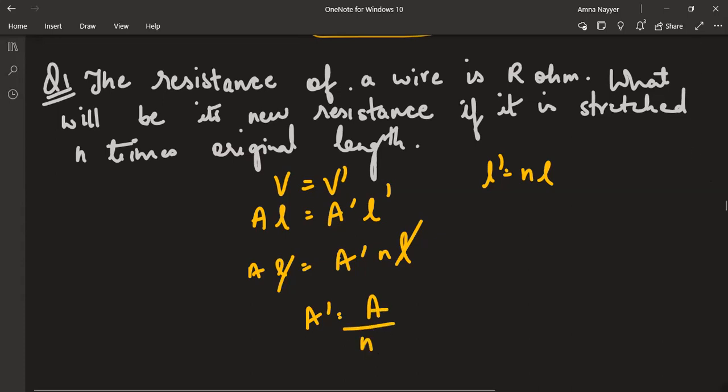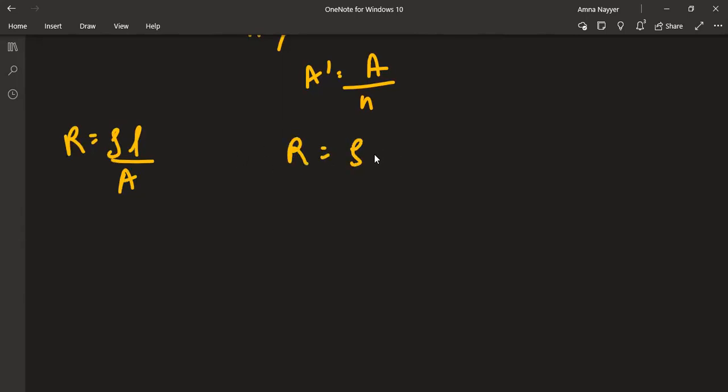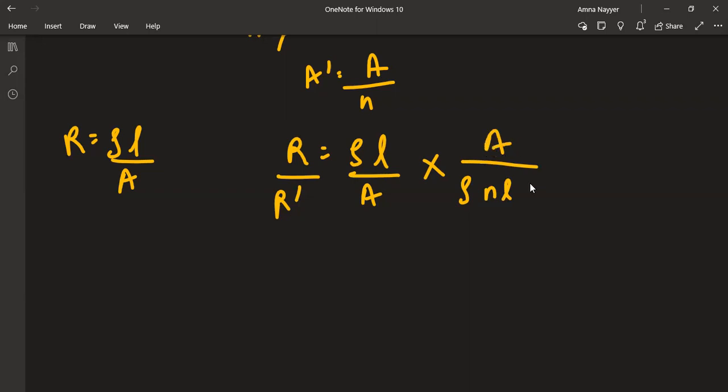Now see, one more formula we'll see that is used here. Resistance, one more formula is rho L by A. So if you write R is equal to rho, resistivity, length by area, divided by R prime, that will be rho, new L is n times L, and area is A by n.